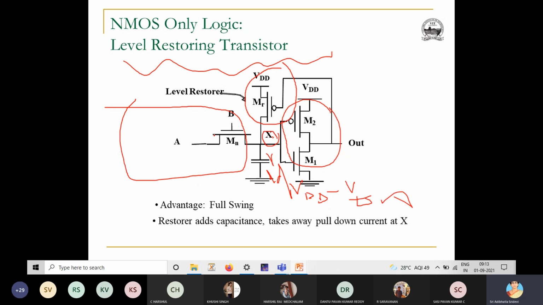If you implement that in CMOS, it takes more transistors. But if you implement it with pass transistors, it takes fewer transistors. Then at the output of that PTL, when it is interfaced to another CMOS logic, we can use a single level restoring transistor, so that the disadvantage of pass transistor logic will be simply eliminated. That's the advantage of a level restoring transistor.